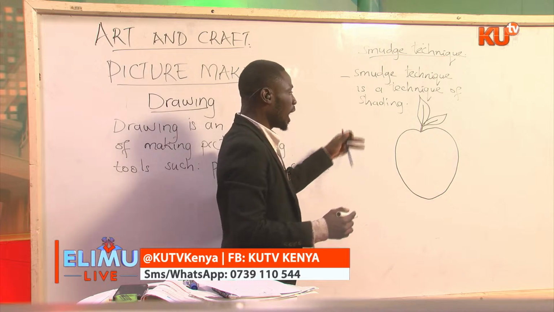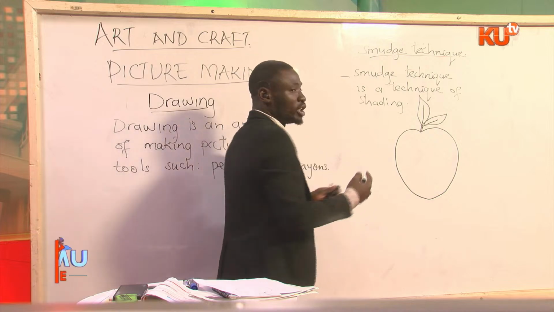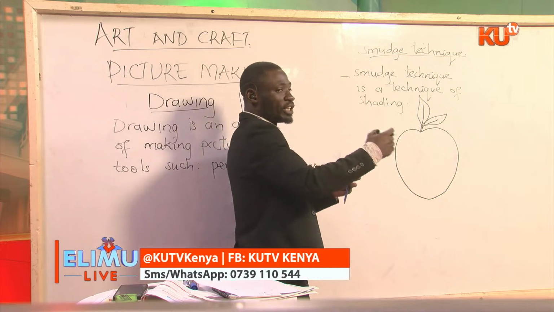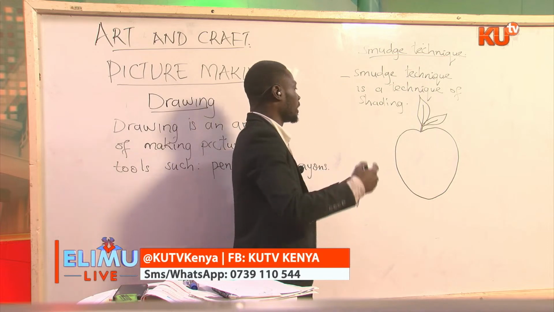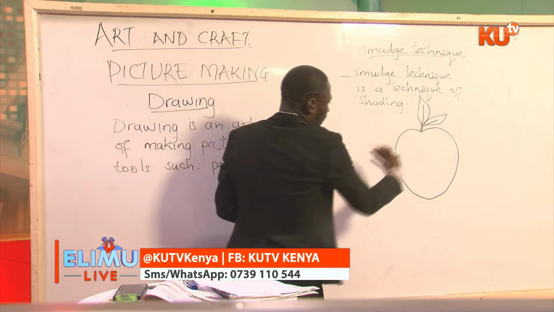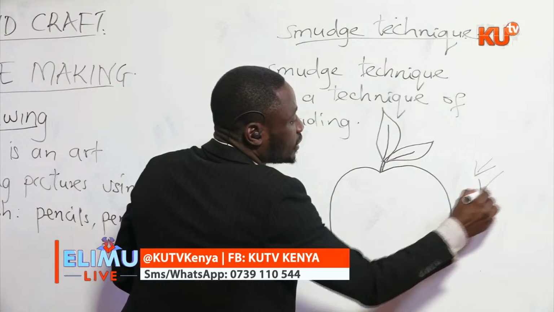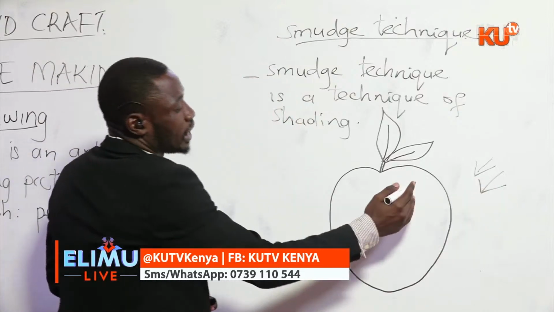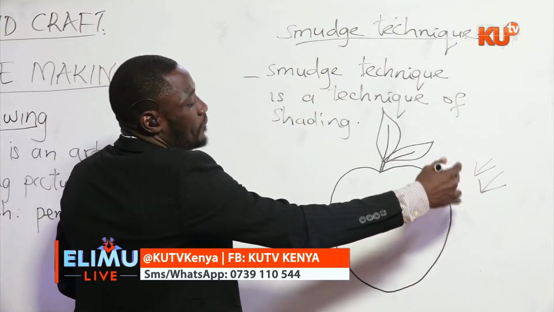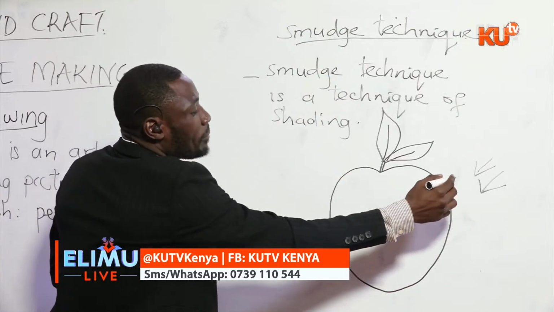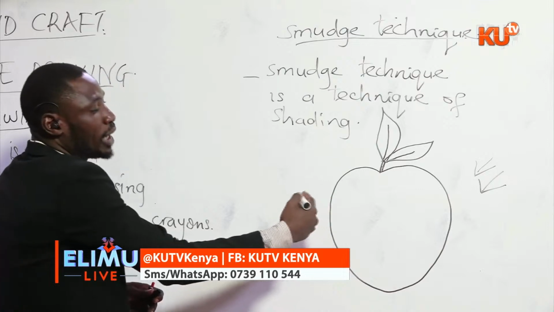So how will shading help us here? Shading will help us to know which side is darker and which side is lighter. I will choose one side that the light is coming from, and I have chosen this side, my right hand side. So this side will appear lighter and this side will appear darker.